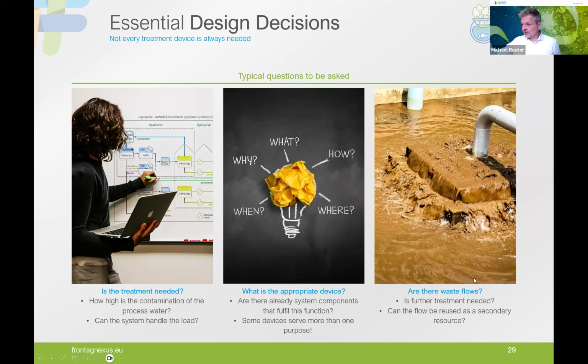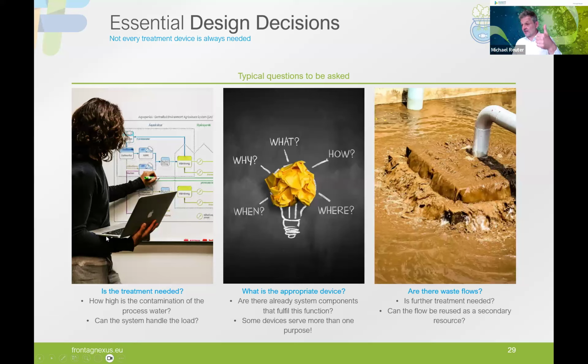And we also have to take into account that some of the devices that are available probably fulfill more than one function in the system. So, for instance, some might serve as a biological filter and at the same time serve as a degassing unit.